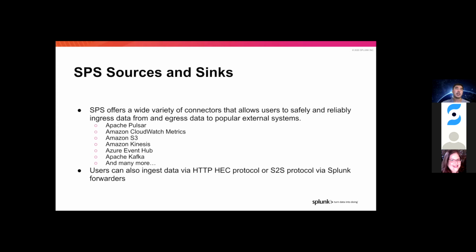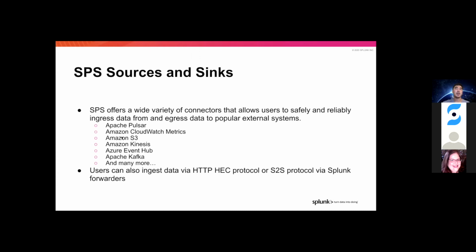So in SBS, we've worked very hard on building a wide variety of connectors that allow users to safely and reliably ingress and egress data to and from popular external systems. Of course, we have the Apache Pulsar sources and sinks in case you want to bring data in from an external Pulsar cluster or write data out to an external Pulsar cluster.